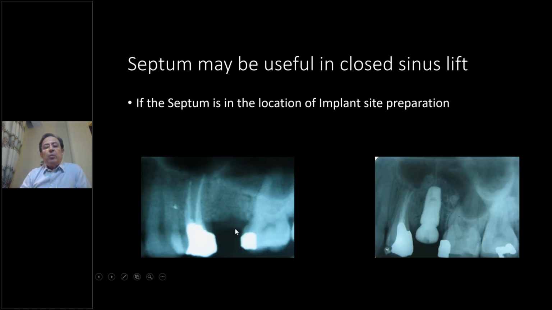Sometimes the septum is useful for us when we want to have a closed sinus lift and we see the septum, then we can use this bone architecture for more stability of bone, sometimes without biomaterial, or in this case I did it with the biomaterial, and we use the septum.